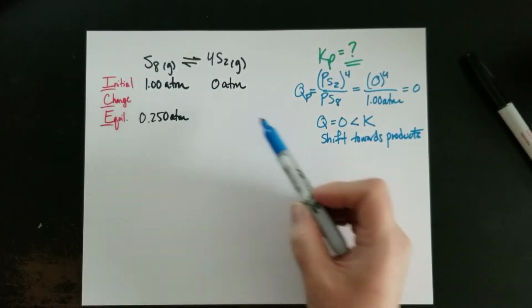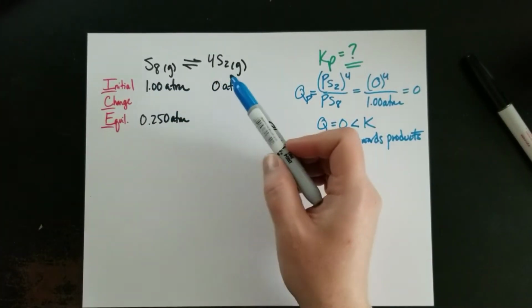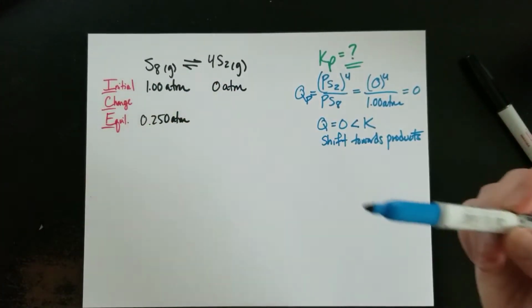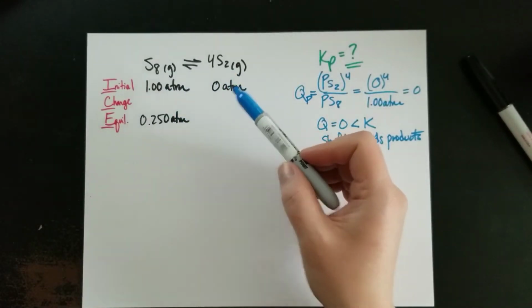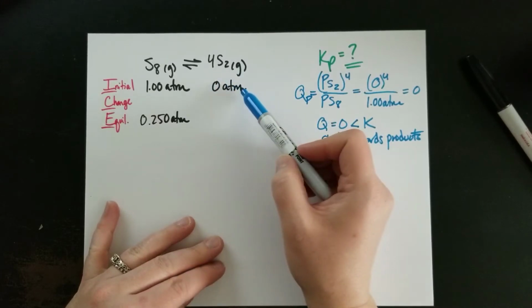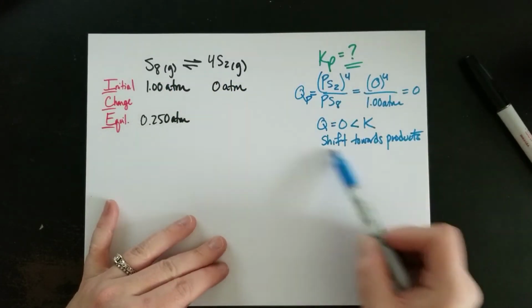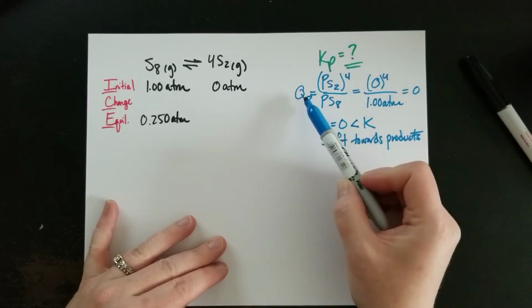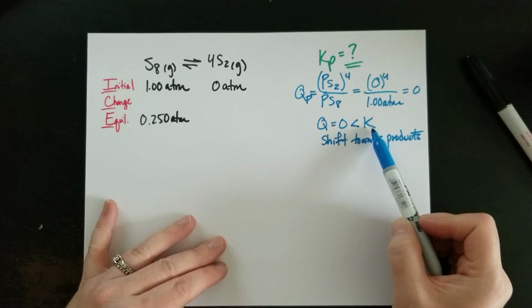And so most of the time it's reasonable to just use common sense and say, well, if I start with all reactant, I have to shift towards products, because the nature of equilibrium is that I have some amount of reactant and some amount of product present. And so if there's no product present at the beginning, I have to move that direction. But when in doubt, you can always sit down and think about, well, what is Q going to equal in this situation, and how's that going to compare to K?